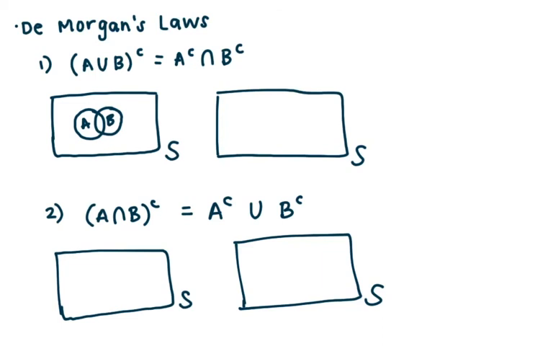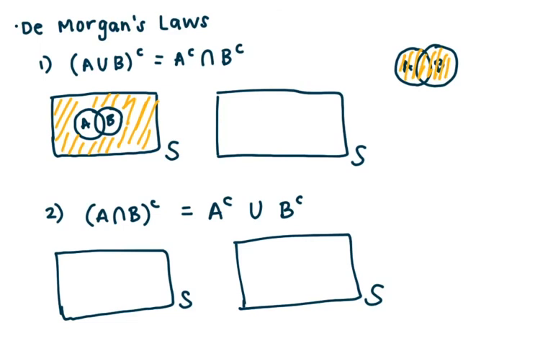Remember that earlier I showed that the Venn diagram for A union B is just shading in all of these circles. So the complement has to be everything on the outside, which is what I'm doing here.